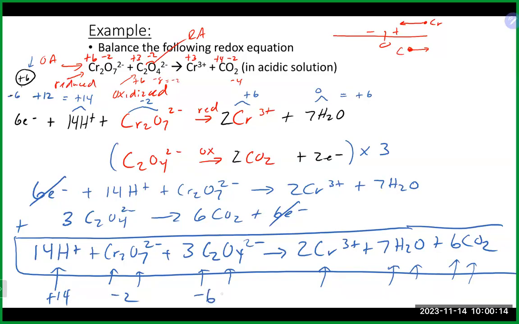That's a +6 overall. Right-hand side, +6, 0, and 0 gives us a +6 on both sides. So we're balanced. Once again, we know this is acidic because we do see the H plus there. Any questions on how to balance these acidic or basic conditions? All right, so we'll wrap that up for lecturing here.